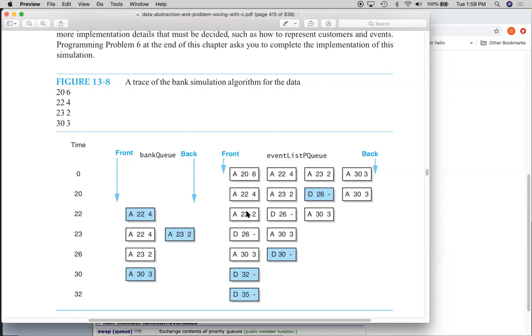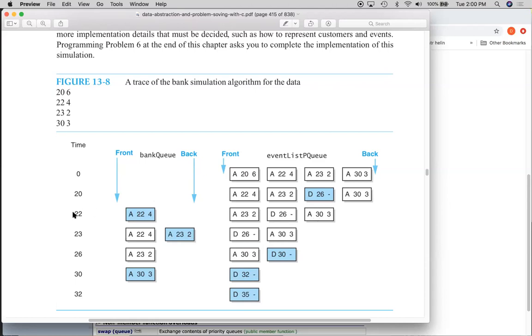So backing up and explaining that step one more time: when the element in the priority queue that has the highest priority is an arrival event and there's no teller available, the action we take is we put that event into the bank queue.